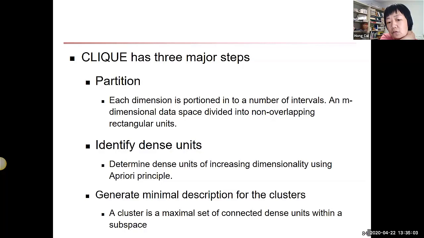When we have lots of units, that can be very challenging and time-consuming. But here, because we're growing from the bottom up, we can apply the Apriori principle to help us. I have examples in the following slides to show how the Apriori principle can be used. And once we identify the dense units, the last task is just to connect those dense units and form clusters.